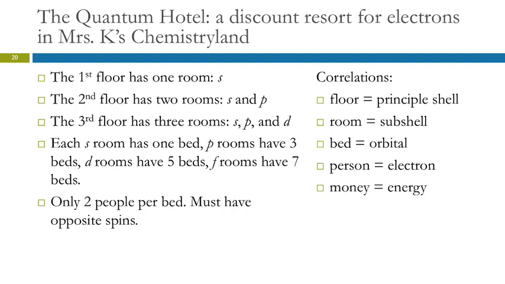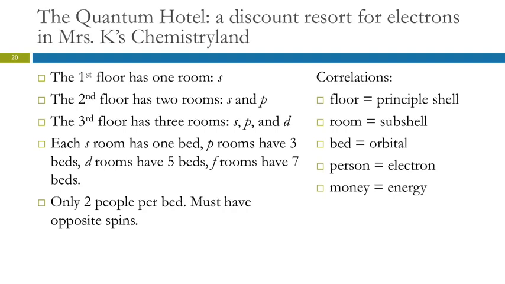It's a very strange hotel. The s room has 1 bed. That's pretty normal. The p rooms all have 3 beds, and the beds are the orbitals in quantum mechanics. The d rooms have 5 beds, the f rooms have 7 beds. I mean, nobody's seen a hotel that has 7 beds in one room, right? That's weird.